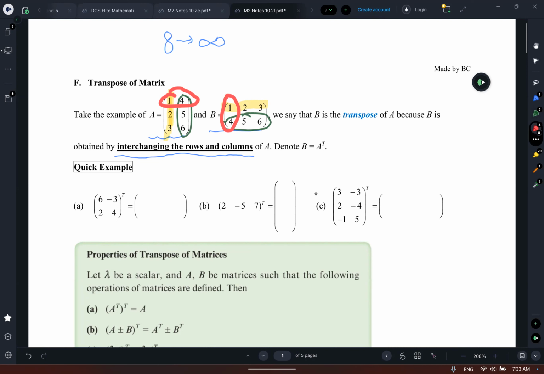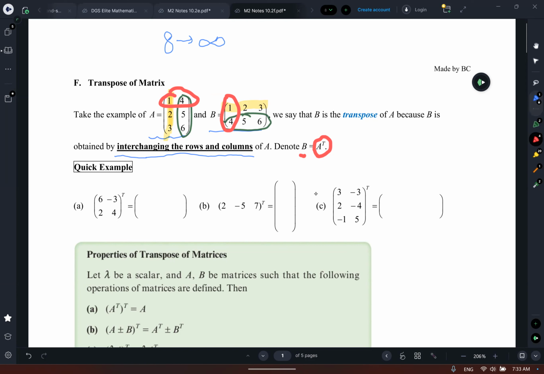Okay? We say that B is equal to the transpose of A, that is A^T. I just say transpose A, sometimes I say A T as well.